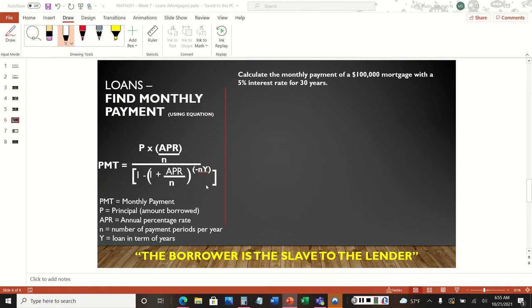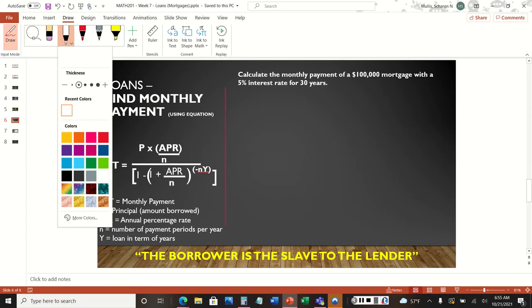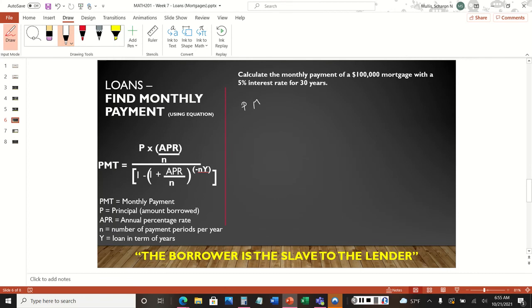If we put that in our equation, PMT equals the principal, which is $100,000, and we're going to multiply that times the APR, turning the 5% into a decimal.